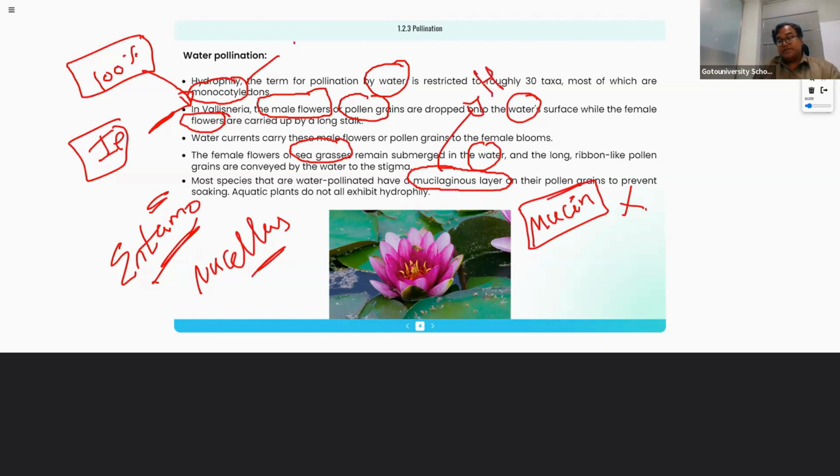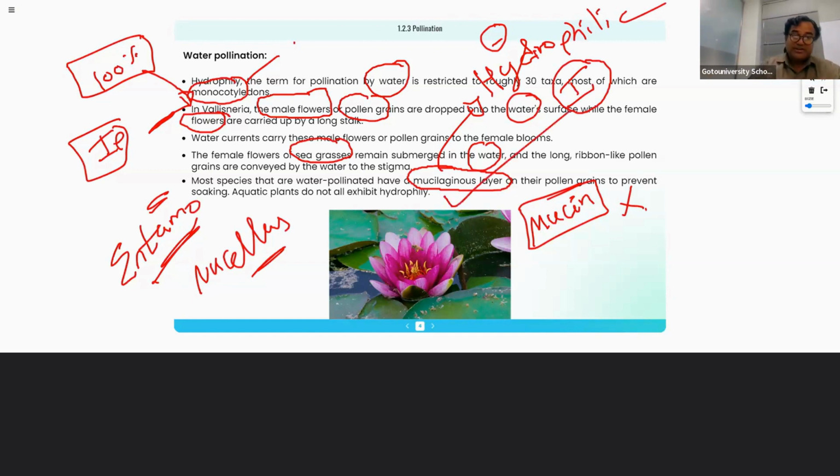That means a negative hydrophilic interaction, the word I am saying for water mediated pollination, right? So negative hydrophilicity is observed in the mucilaginous layer. We should be very careful with all these things.